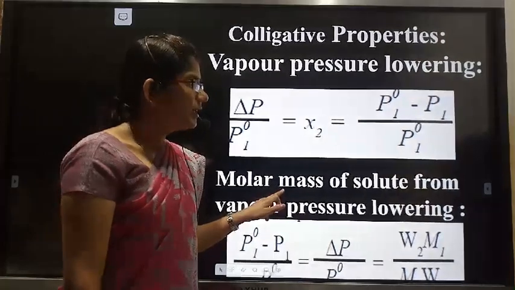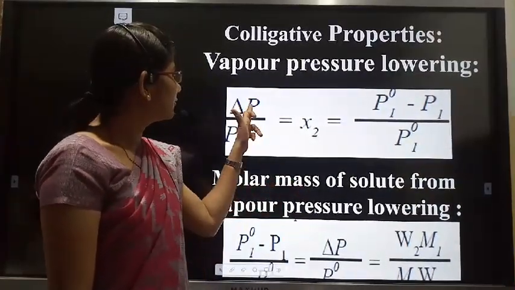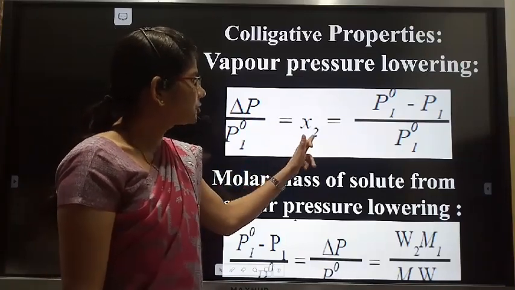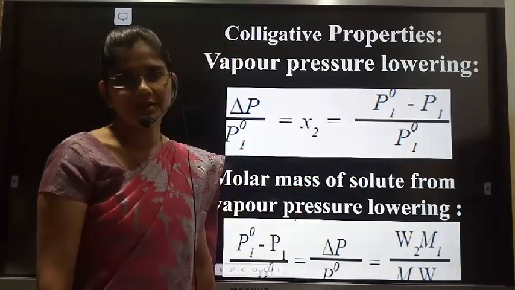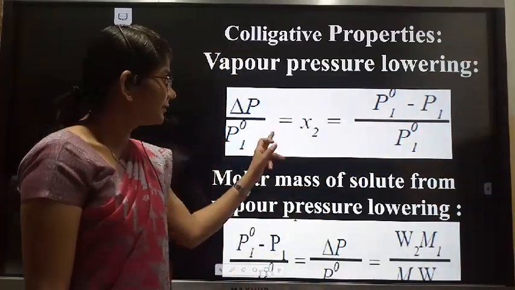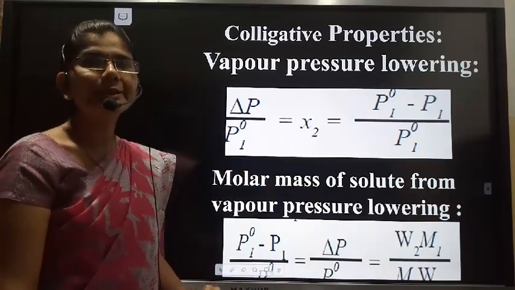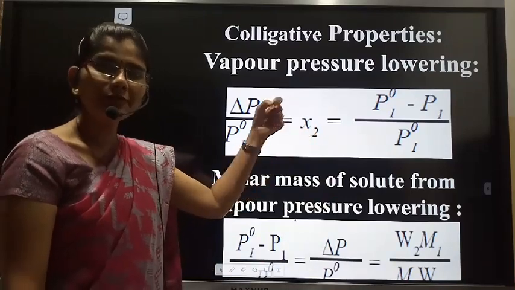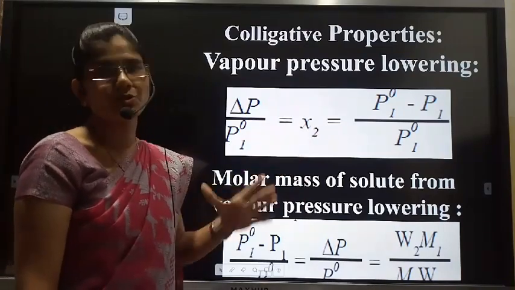Therefore delta P upon P01 is equal to X2, which is equal to P01 minus P1 upon P01. That means here we have to prove that the lowering of vapor pressure is a colligative property. It depends on the number of moles of a solute, that is, on the mole fraction of the solute X2.